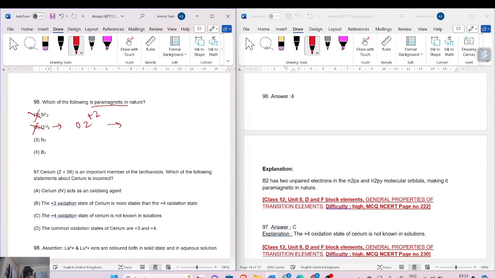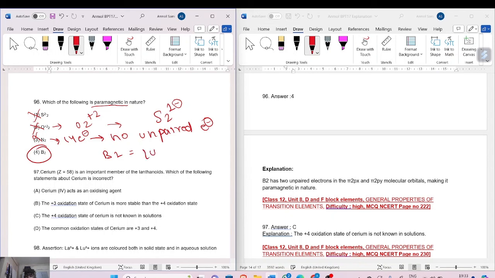Similarly, S2 2 minus will have even number of electrons, so it can't have unpaired electrons and can't show paramagnetic behavior. Similarly, N2 has 14 electrons which is even in number, so no unpaired electron. Now option number 4 is B2.